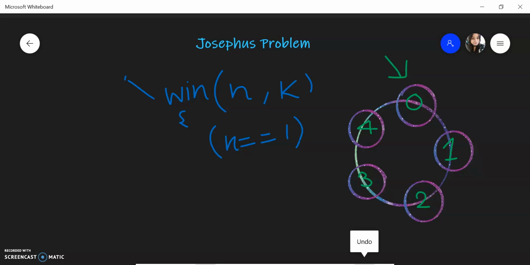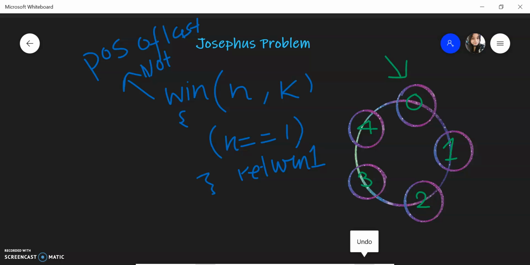So basically this win function will return the position of the last person not killed. So if n is equal to 1, we should return 1 because that is the only person remaining. And remember, here n means the start position. So whenever we are calling this, it will always consider the first position.